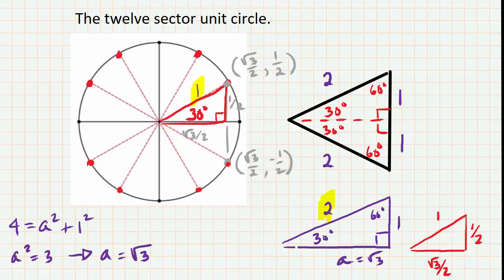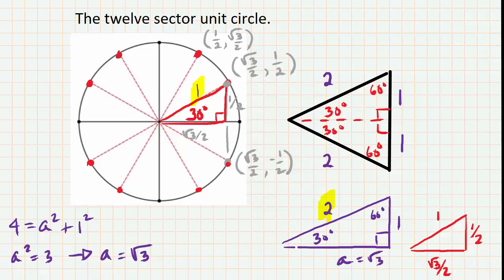In a similar way, if we're to look at this point right here, we see that the x-coordinate is shorter than the y-coordinate. And so what that means is that we're simply going to swap our coordinates. We're going to have a 1/2 as the x-coordinate and a root 3 over 2 as the y-coordinate.